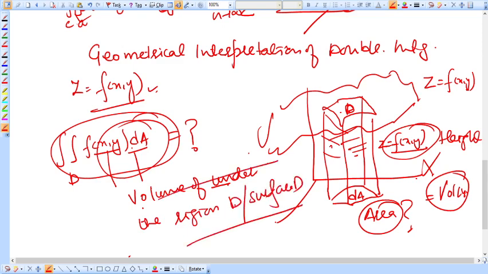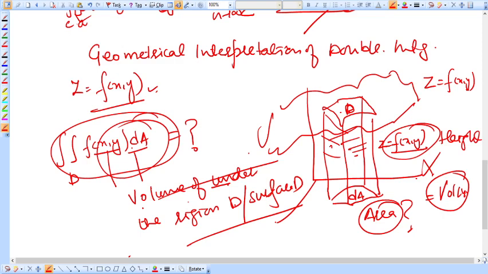If you are asked what is the geometrical interpretation of double integration, you can say it represents the volume under the surface over region D, right? Whatever geometry is being formed under this curve, it is the volume of that geometry. So this is the geometrical interpretation of double integration.